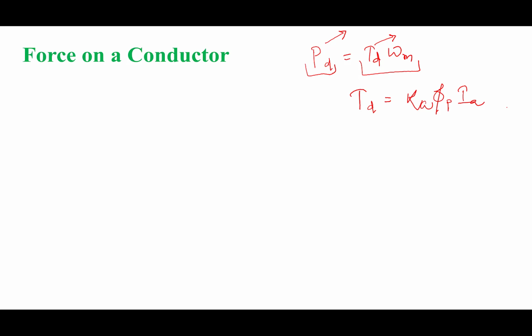If you remember, last class we derived this. Now in an alternative way we can derive just by finding the force on a conductor when a turn of a conductor coil is placed in the magnetic field, and if the coil is carrying a current, then obviously the force will be exerted on the coil, right?